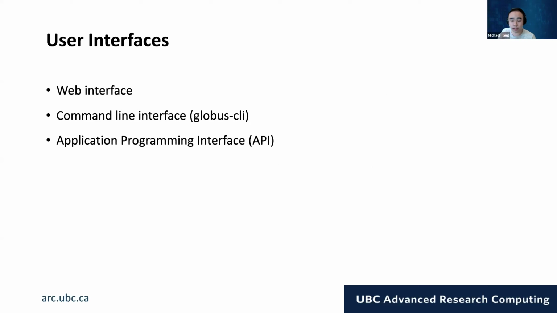No need to install any software. There's also the command line interface, if you're comfortable with the command line, or the application programming interface. A very common use of that is if you're building scientific tools that leverage this data transfer capability, you can leverage the application programming interface.